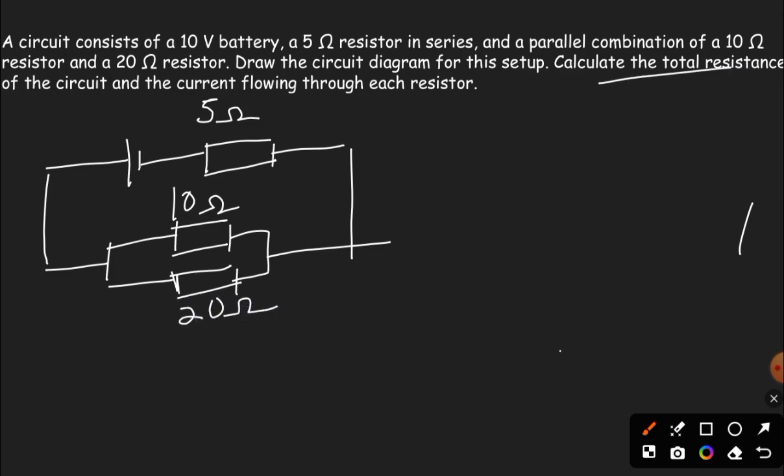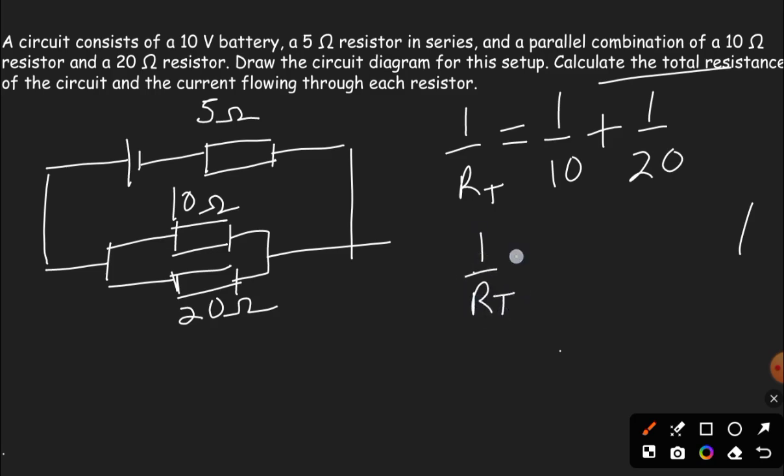We are supposed to calculate the total resistance. So we are going to work out the parallel first. 1 over RT equals 1 over 10 plus 1 over 20. It will give us 3 over 20. So 1 over RT equals 3 over 20. Now we cross multiply. So we are going to have 3 RT equals 20.